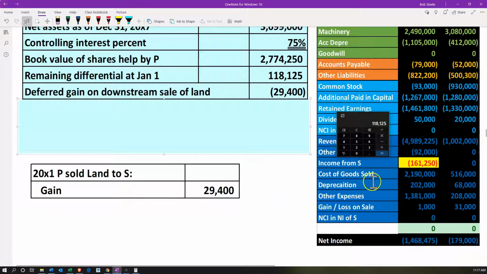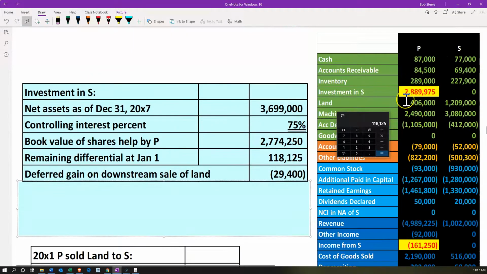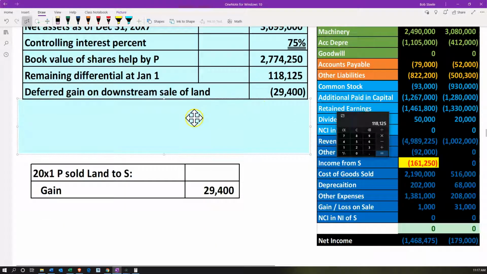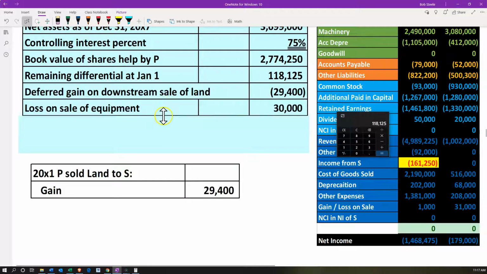So instead of us adjusting basically this number, we're adjusting the investment side, the equity side only. So that is going to have to be dealt with. And notice it's a downstream sale. So we took the entire amount, meaning it went from P to S downstream, therefore not taking the 75% of it, but the full amount.